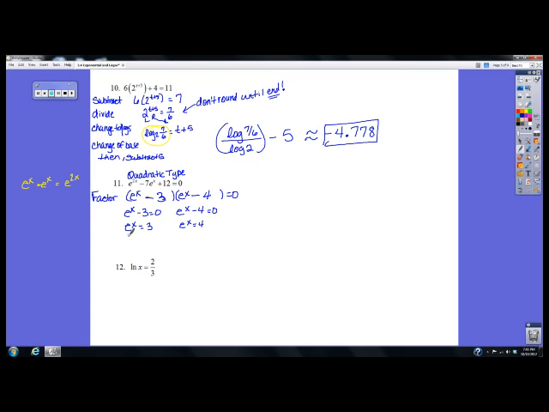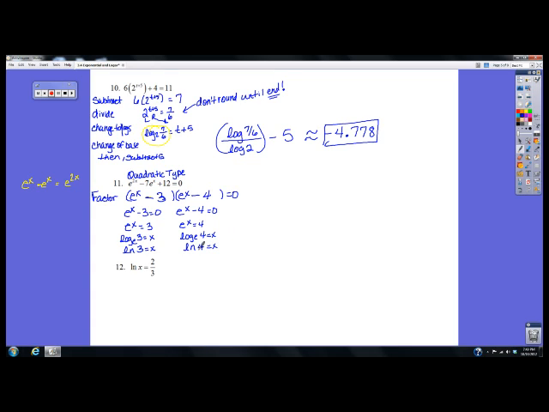From here I am going to have to turn this into logs, so I'm going to go left, right, left. Log base e of 3 equals x and log base e of 4 equals x. And we know that log base e means natural log. So that's natural log of 3 equals x and natural log of 4 equals x.